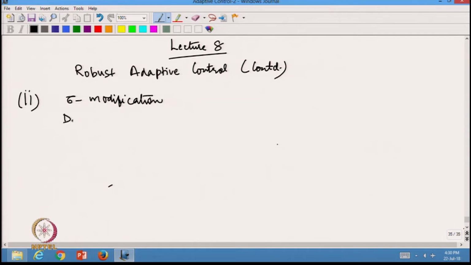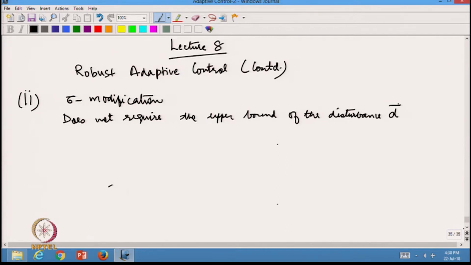It does not require the upper bound of the disturbance. Although we know that the disturbance is upper bounded by d bar, d bar is not known.